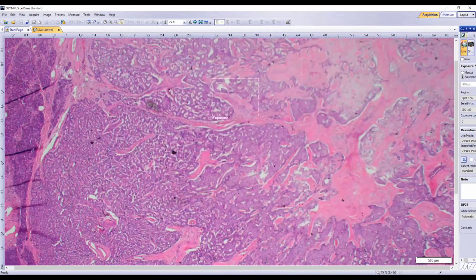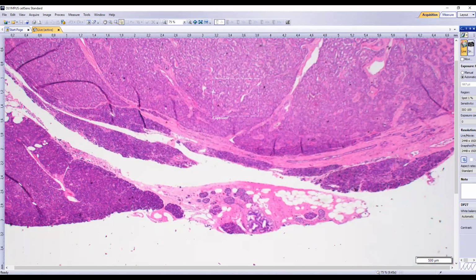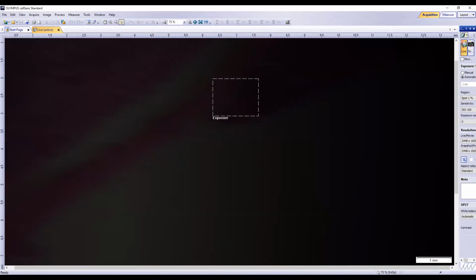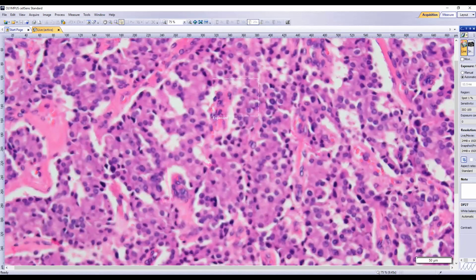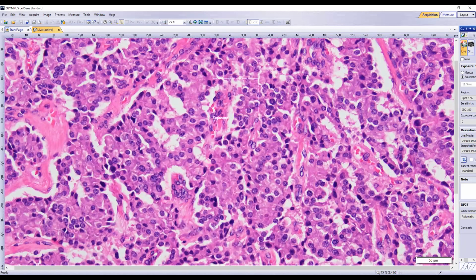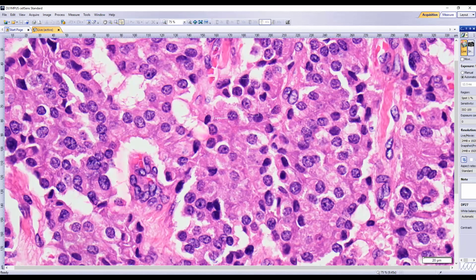It's not too infiltrative. Then when we go closer and look at the morphology, the tumor cells are arranged in cords and nests. Pretty monotonous. I know what you're coming at.